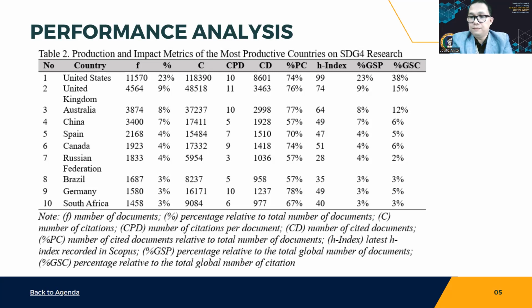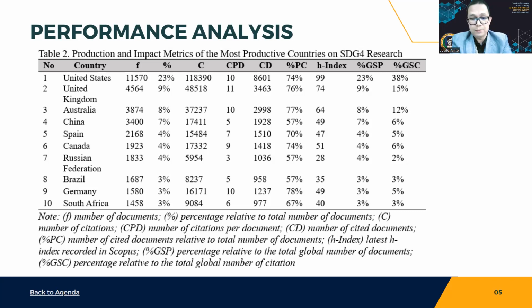At 3 and 5, we can say that China, Brazil, and Russia have relatively smaller citations per document rates, which also translates into other indices like the H index. For the United States, there are 99 documents that have at least 99 citations each.